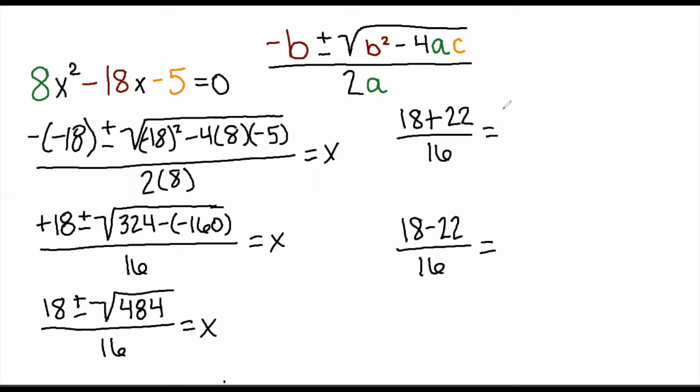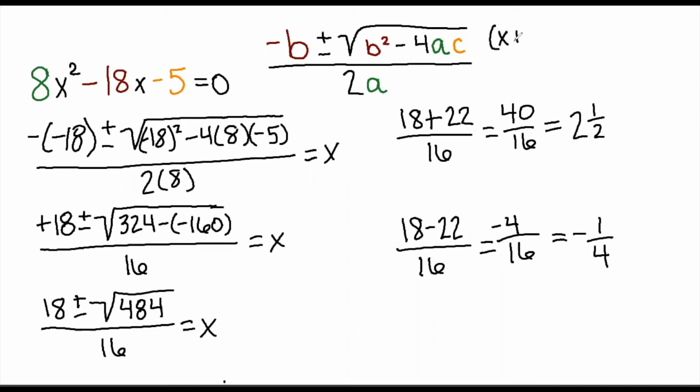Okay, so now we have 40 over 16, which will equal 2 1/2. Then this will be negative 4 over 16, which will equal negative 1/4. So now that we've done all of this, our final answer is x minus 2.5 times x plus 1/4.